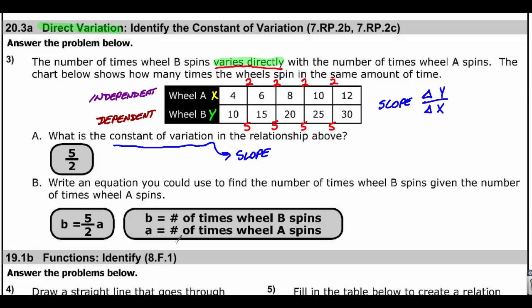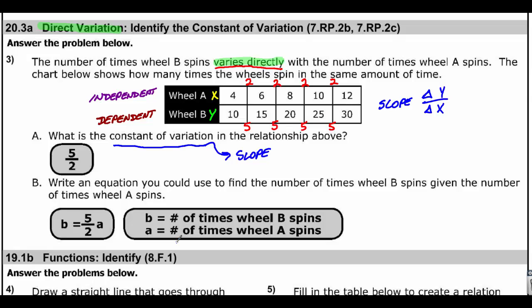So when you see constant of variation, just think slope. All you have to do is identify which is the x and which is the y. The y will always be the dependent, the one that varies directly with, and the x will always be the independent. So if they said the amount the plant grows varies directly with the amount of water, then the growth of the plant would be the y, because it depends on the amount of water you're given.